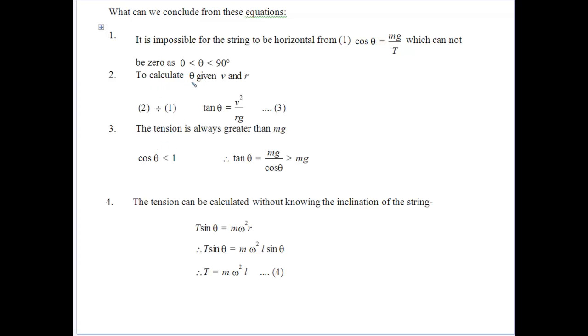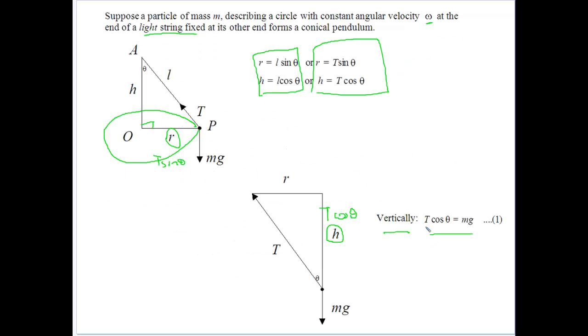We can calculate theta if we're given v and r, because we can divide equation 2 by equation 1 and get tan theta is equal to v squared on rg. We also know tension is greater than mass times gravity, because cos theta is a fraction every time, so T is greater than mg.